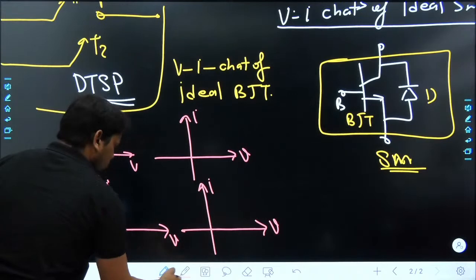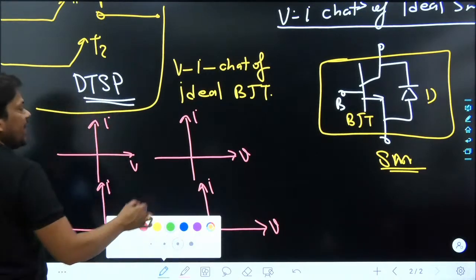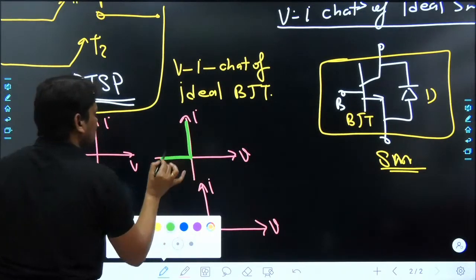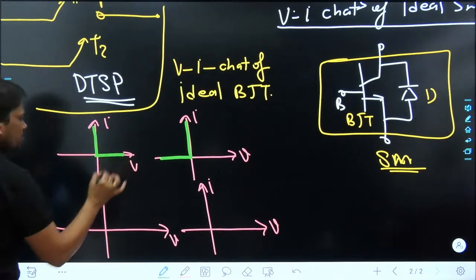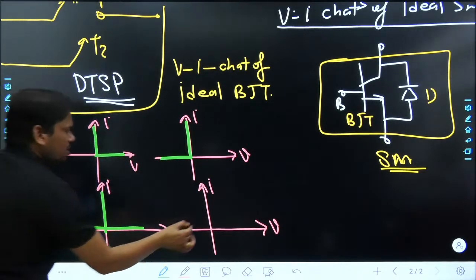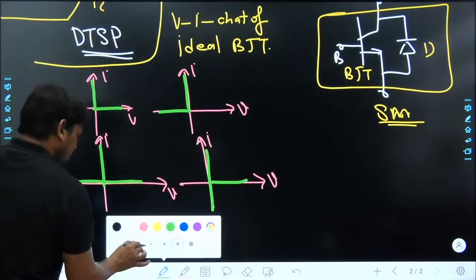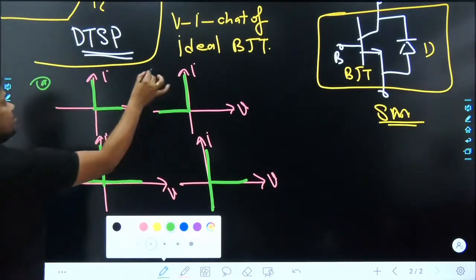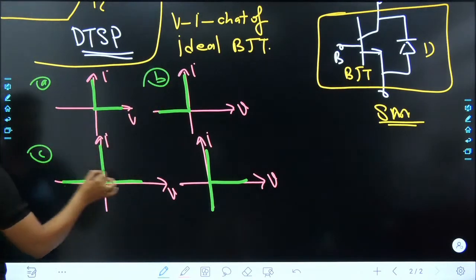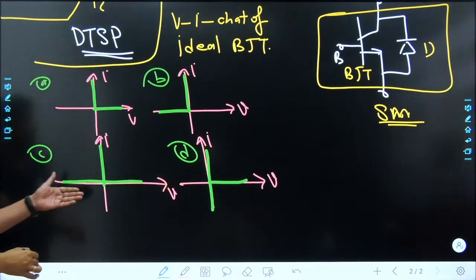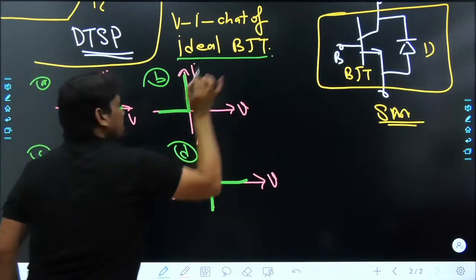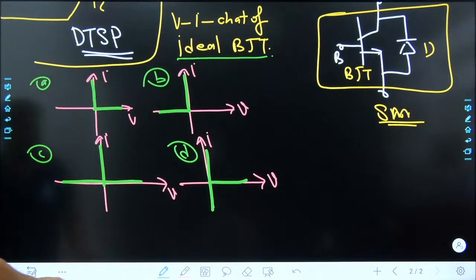Now I want to show you the VI characteristics for this. Here are the options, A, B, C and D. Which option can represent the VI characteristic of an ideal BJT? Everyone please tell me.